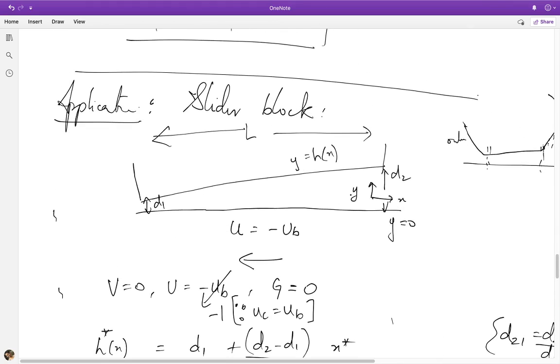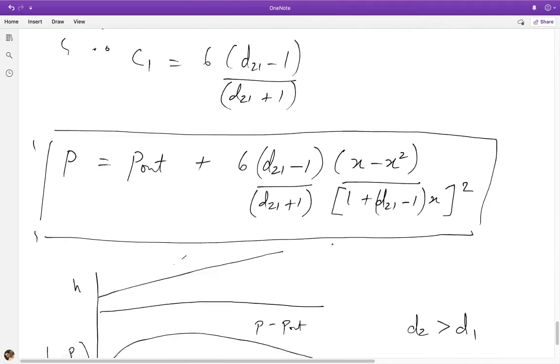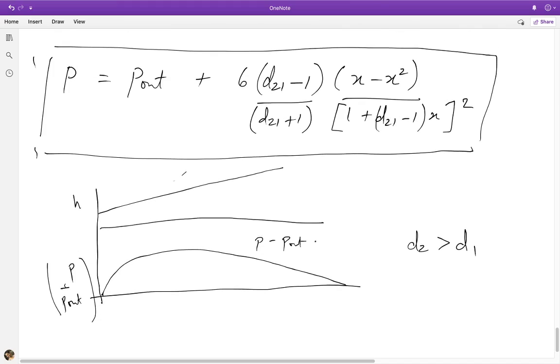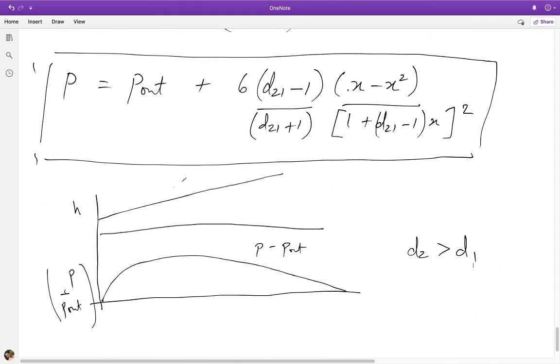So this is an important insight into the working of these kinds of lubricated mechanisms and the lubrication pressure that develops between two surfaces moving with a small clearance. So now, knowing this pressure distribution, you can always go back and calculate the variation in the velocities.